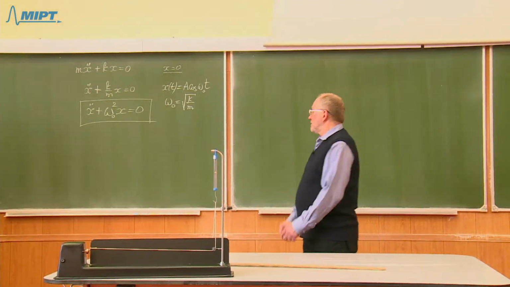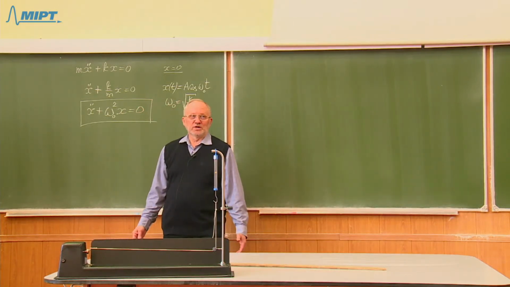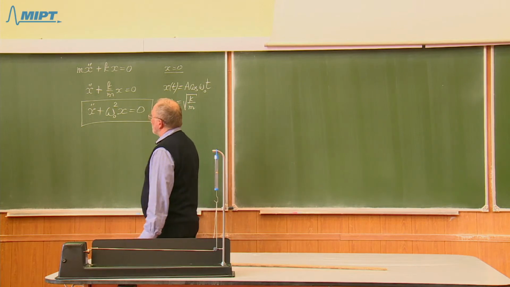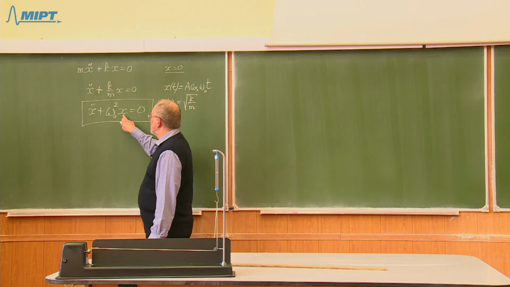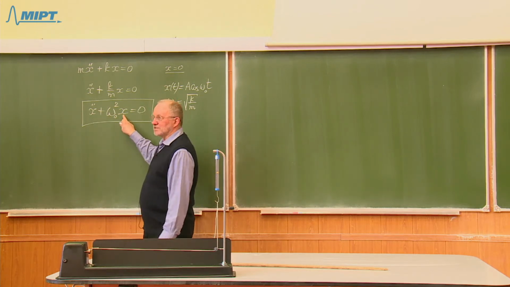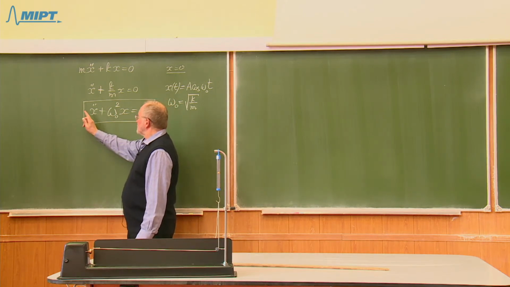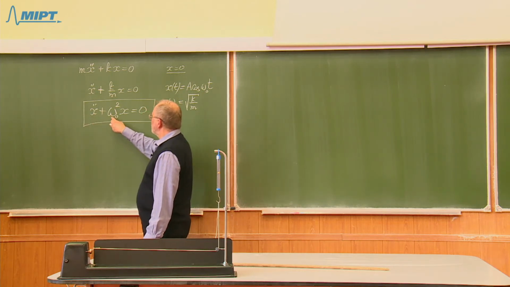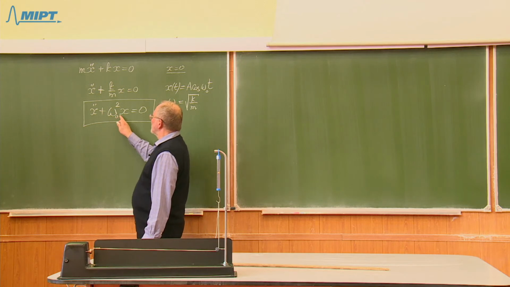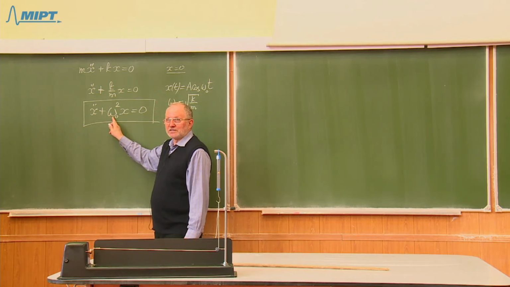So if you consider some oscillating system, and if you come to a differential equation describing this system, where the coefficient at the second derivative is unit, then the coefficient at the second term will definitely be the oscillation frequency squared.